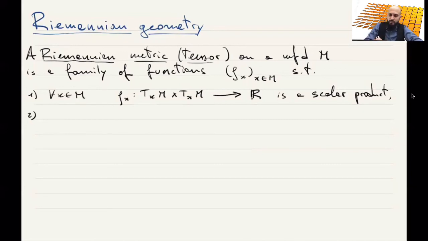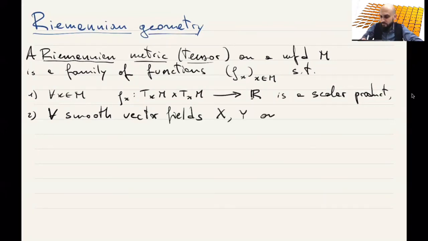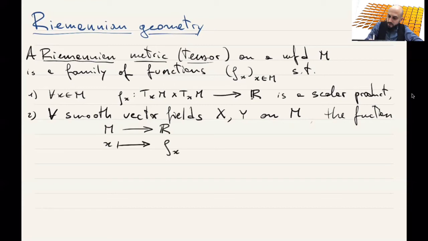So the way we can impose this is by requiring that for all smooth vector fields, just two of them, x and y, so these are vector fields on M, the function that for every point assigns the real number given by the scalar product of the vector fields at that point is smooth.